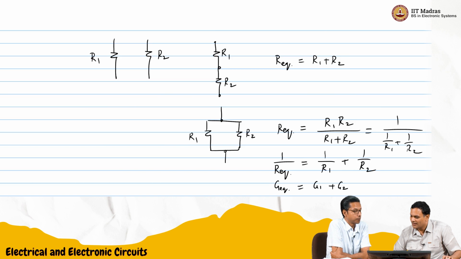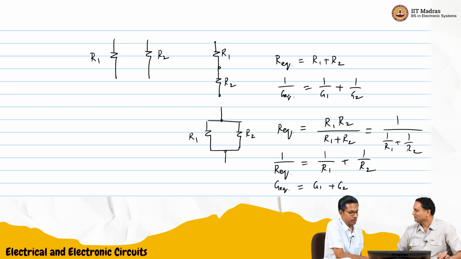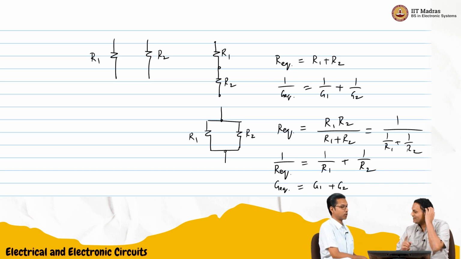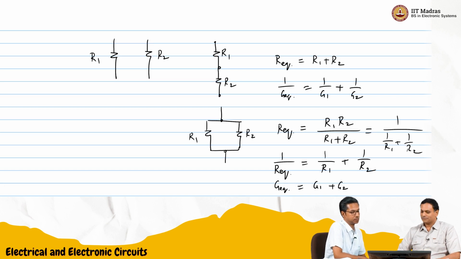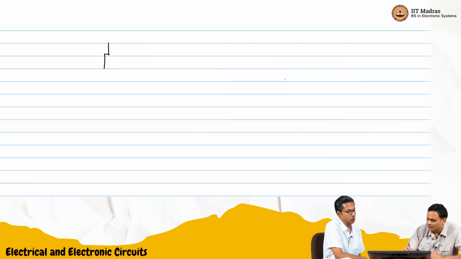But if you use conductance in series, it is unnecessarily complicated, because 1 over G equivalent will be 1 over G1 plus 1 over G2, exactly like what you had originally for the resistors.